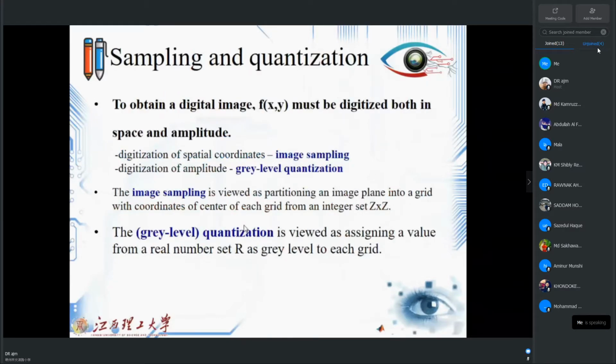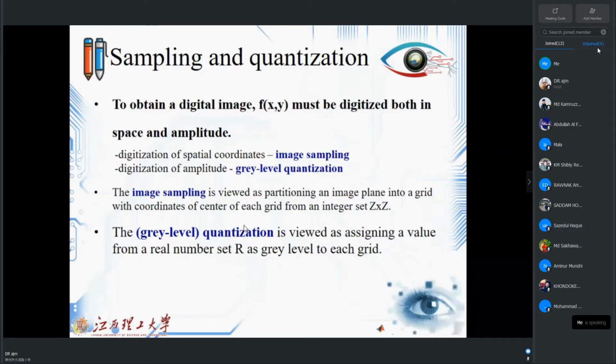Then, given the idea of f(x, y) as the relation to obtain the digital image, we can digitalize both space and amplitude of this equation. Digitization of the spatial coordinates we call image sampling, and digitization of amplitude we call gray level quantization.